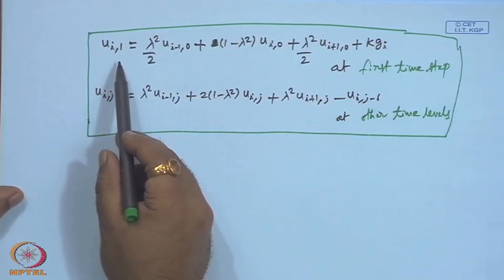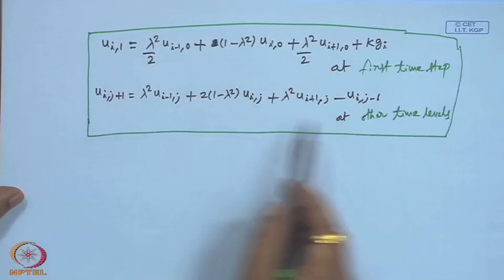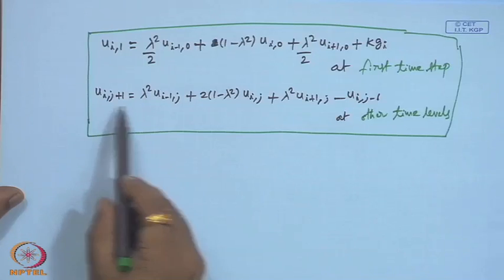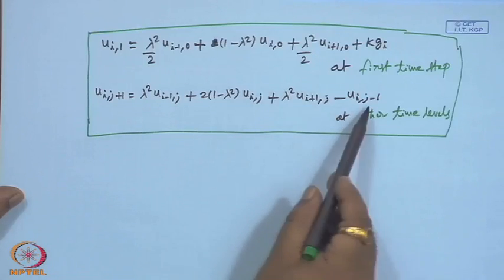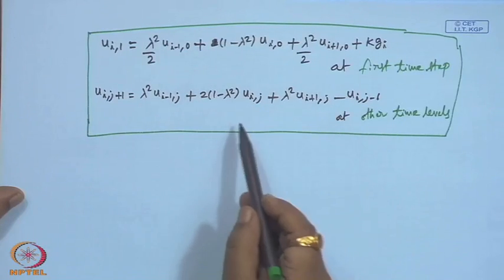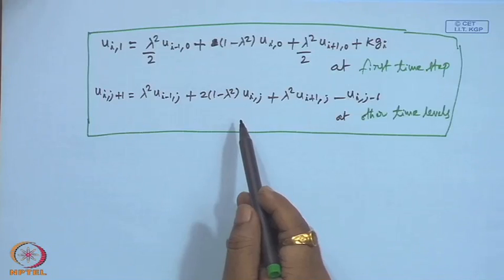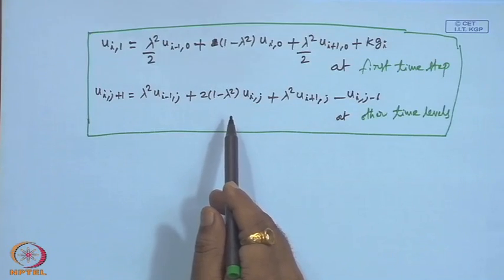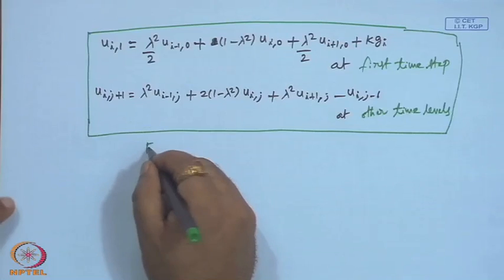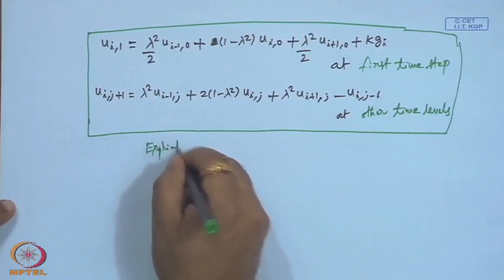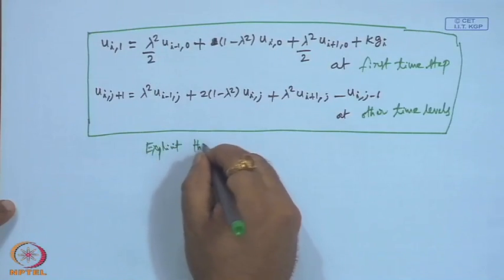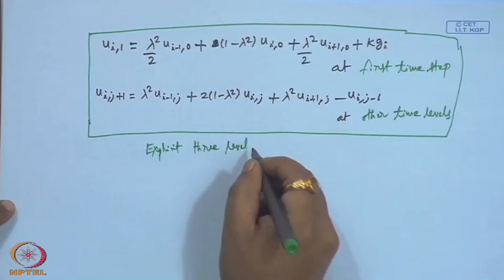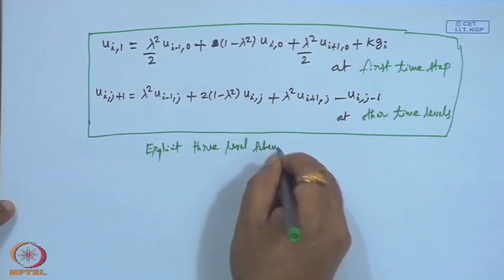So, at first time step we use this, then for the higher time levels you can see we can compute with this. Okay. So, this is an explicit 3 level scheme.